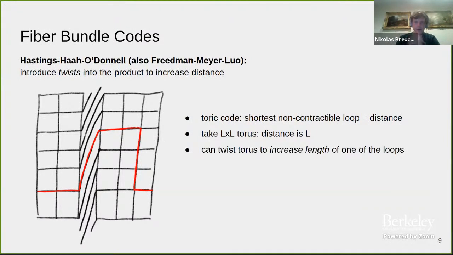And in the toric code, all that you have to know is that the distance is given by the shortest non-contractible loop. So if you have an L by L torus, then the distance is simply L. By performing this twist, I have actually increased the length of one of these loops. So for a non-contractible loop to go around the torus, the twist introduces a detour that the loop has to make to close up on itself.